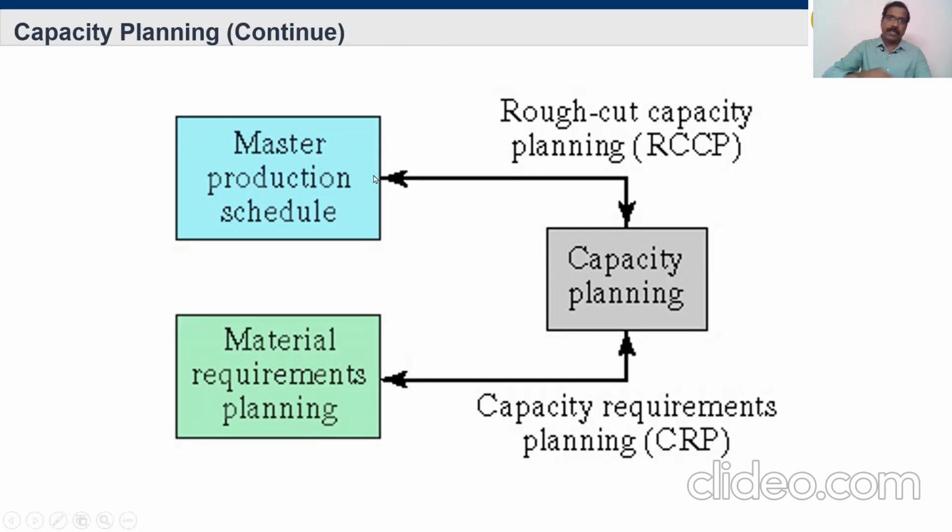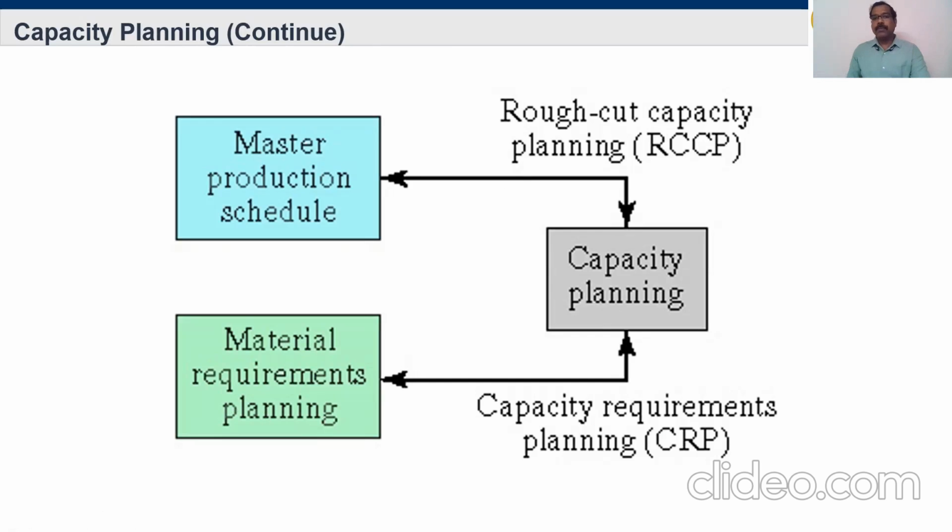Fine, this is one side. But when they do the material requirement planning, the capacity planning input is also necessary. If what the capacity planners already calculated, the rough cut capacity planning, is satisfied, then they go directly to material requirement planning and proceed with production.